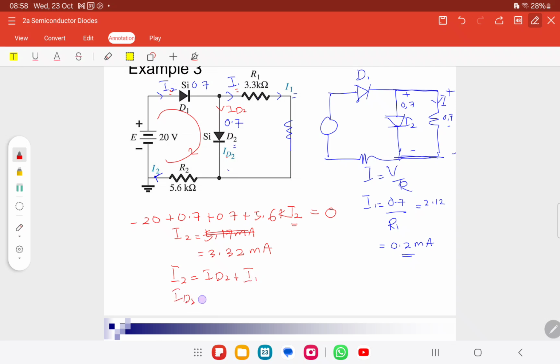So ID2 equals to I2 minus I1. Boleh dapat tak? Tolak je kan? Yang ni tolak dengan this one. Okay. So you get this value.